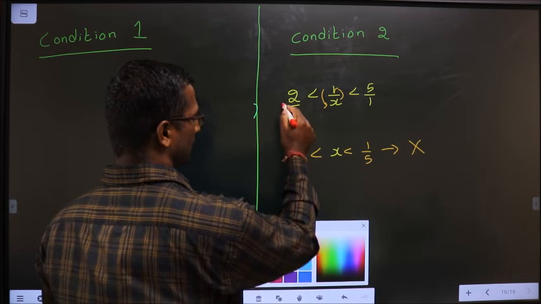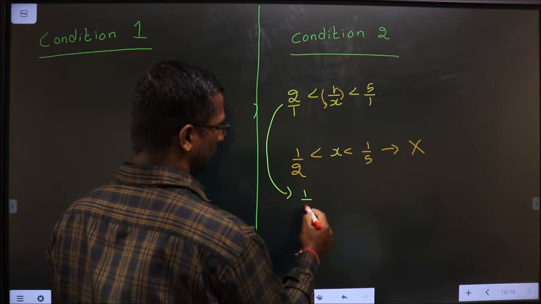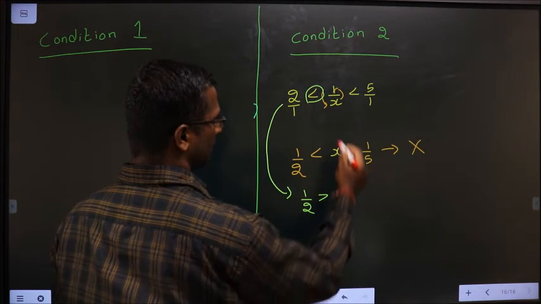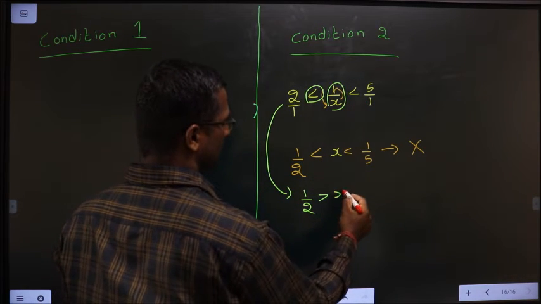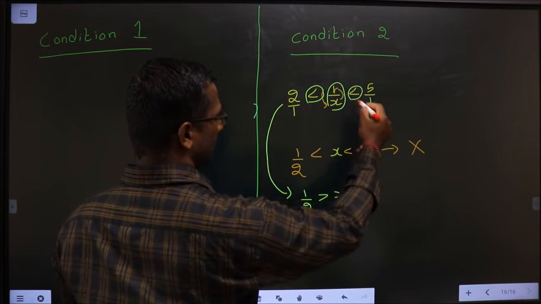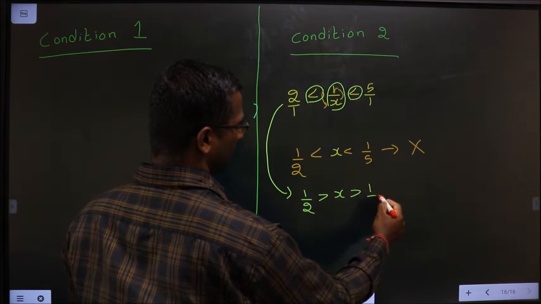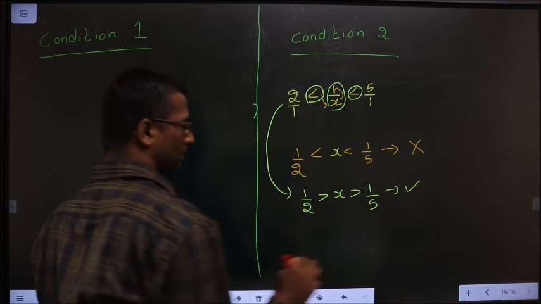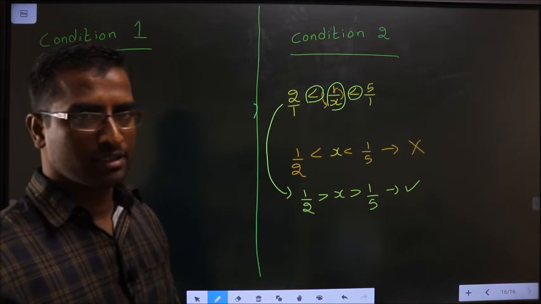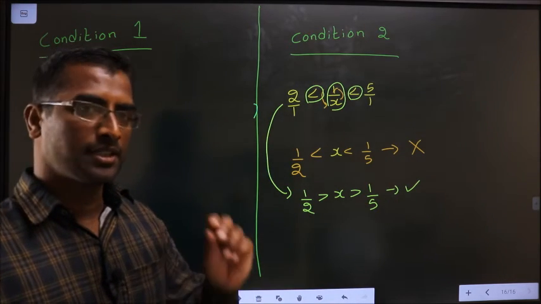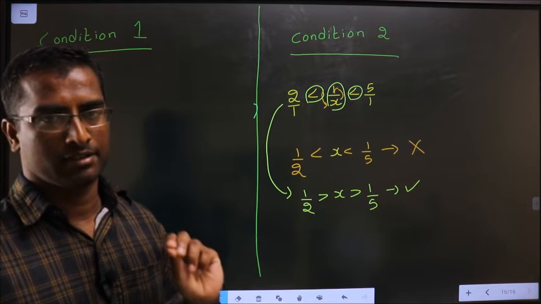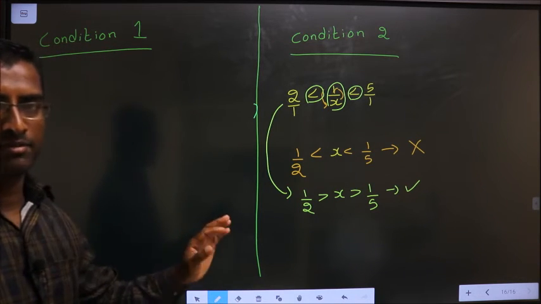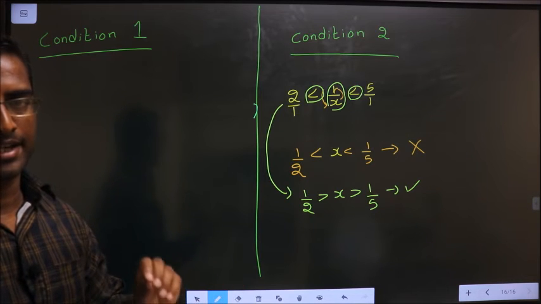What I mean is, this will now become 1 by 2. Change this direction, greater than reciprocal x. Change this direction, greater than 1 by 5, which will become 1 by 5. This is correct. Clear with the second situation? If you are doing reciprocal, change inequality direction. So these are the two situations when the inequality changes its direction.